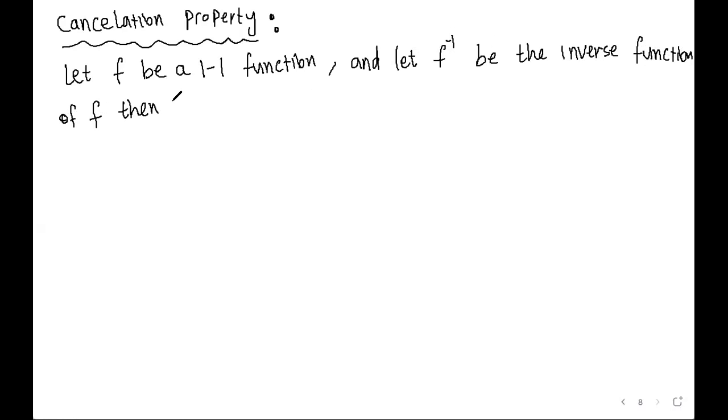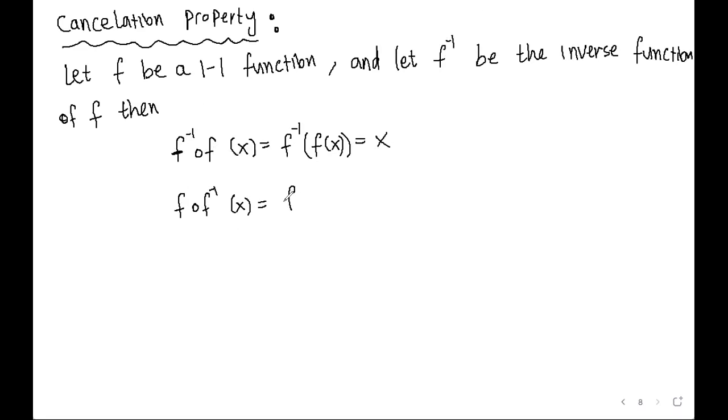Then the cancellation property says f inverse circle f of x is equal to f inverse of f of x, and this is equal to x. If I check this function f inverse circle f, and it gives me x, this means the functions f and f inverse are inverse to each other. And the same thing for f circle f inverse of x, which must equal f of f inverse of x, and this gives me x.